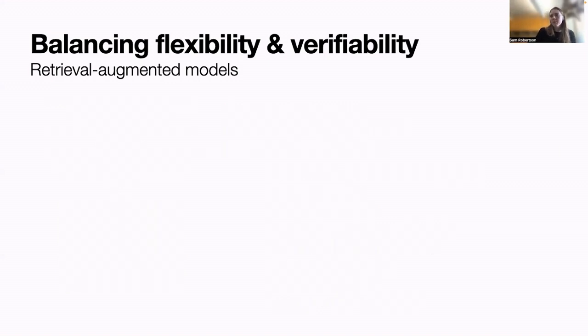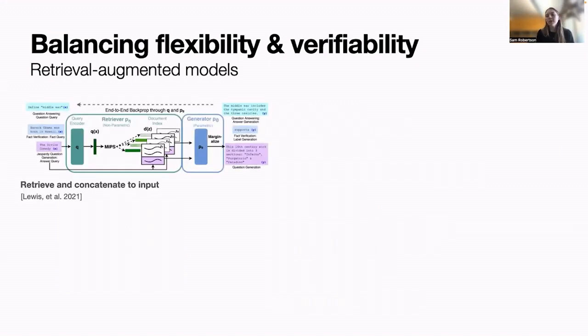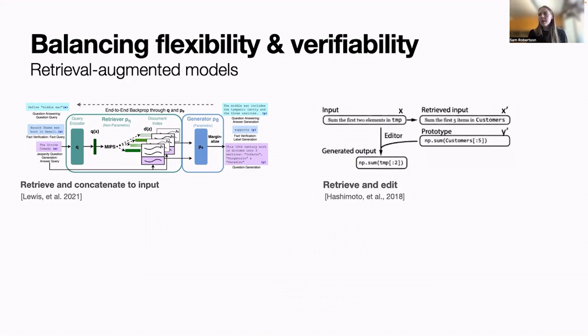And so what does this look like a little bit more in practice? It could mean a lot of different things. For example, we could retrieve a bunch of examples that might be helpful and concatenate them to our input. We could retrieve a similar example input-output pair and just edit the output. I think this kind of approach could be really useful for the template-based approach that I was talking about earlier. We take a template, we still need to edit it to get a final translation.